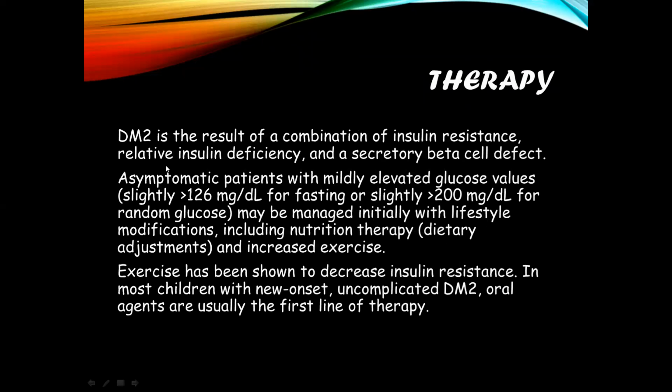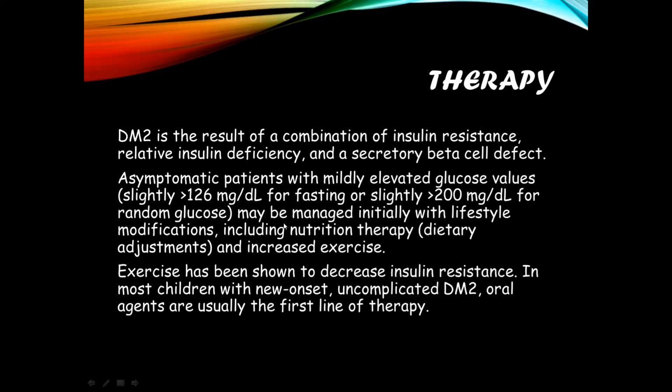Treatment. So type 2 diabetes is a result of a combination of insulin resistance, relative insulin deficiency, and a secretory beta cell defect. Asymptomatic patients with mildly elevated glucose values, slightly elevated being greater than 126 milligrams per deciliter for fasting, or slightly greater than 200 milligrams per deciliter for random glucose, may be managed initially with lifestyle modifications, including nutrition therapy, diet adjustments, and increased exercise.